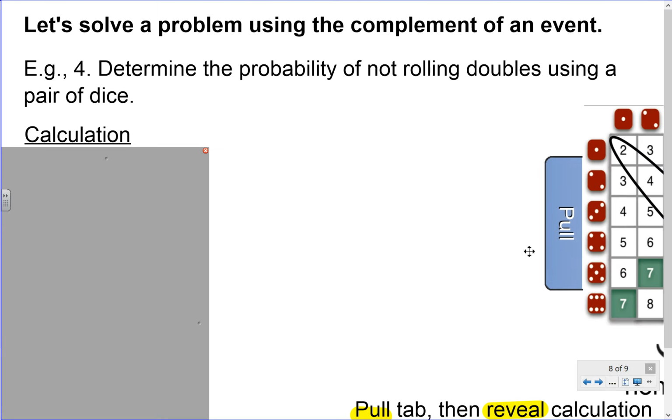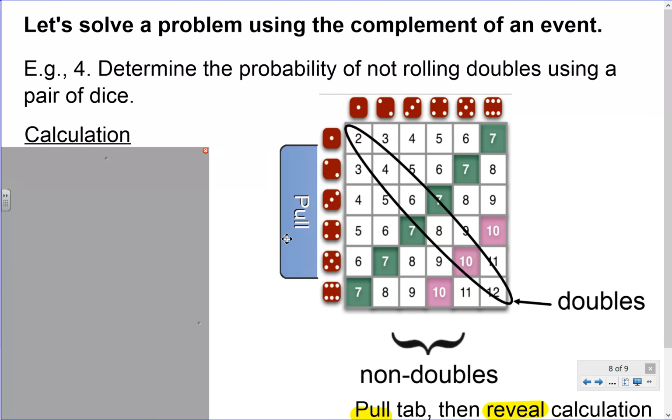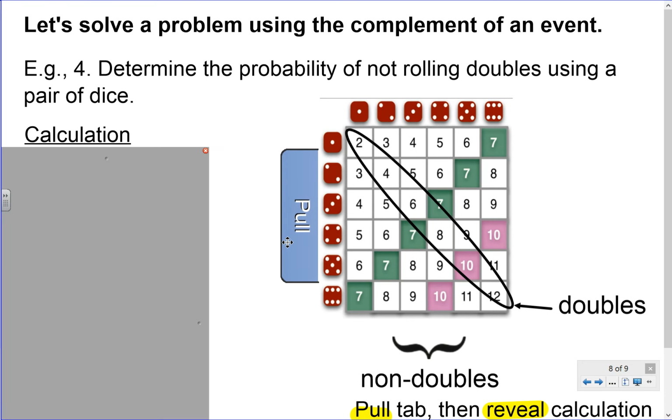So I'm just going to follow the instructions here in this interactive file. I'm going to pull this tab out and notice that what we're looking for is the probability of not rolling doubles using a pair of dice. Notice that the doubles only occupy a certain diagonal, and there's only 6 of them, whereas the remaining values in that array are all non-doubles.